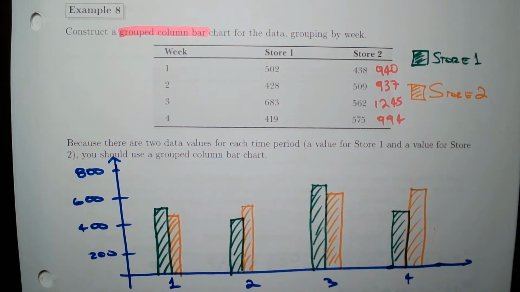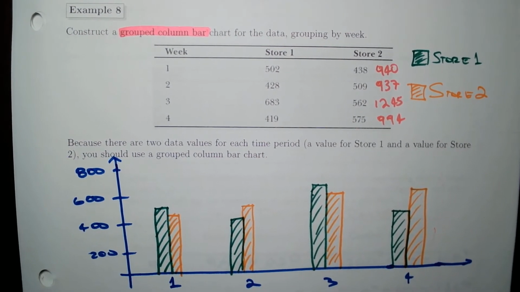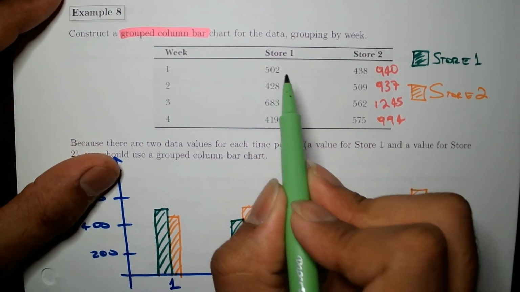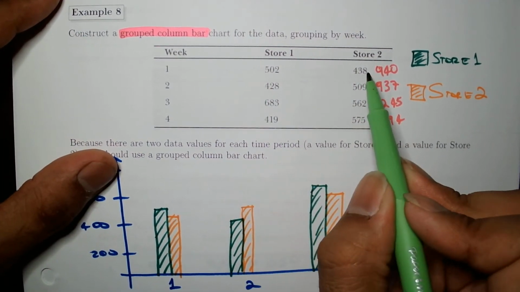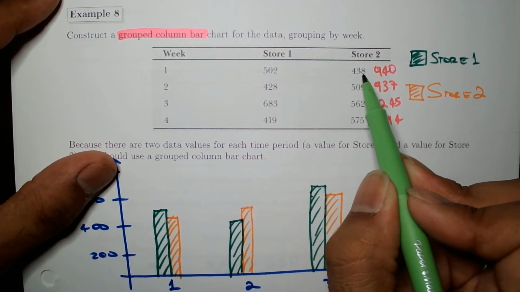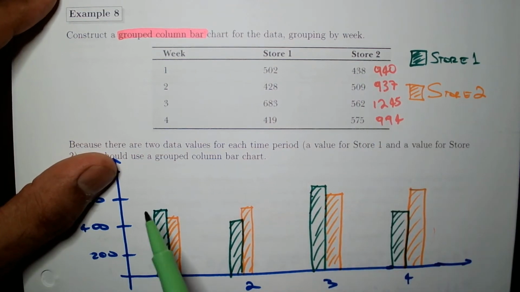So let's say you have this big company and you want to compare the amount of sales in 2 branches in a particular city or community. In week 1, store 1 sold 502 units of a particular product, and store 2 sold 438 units of that same product.